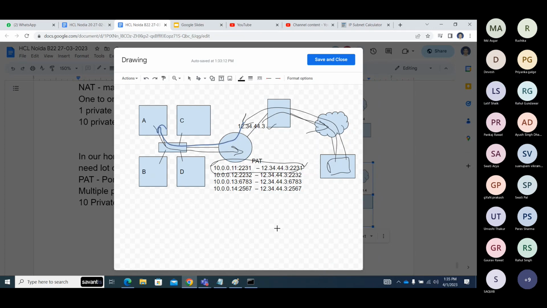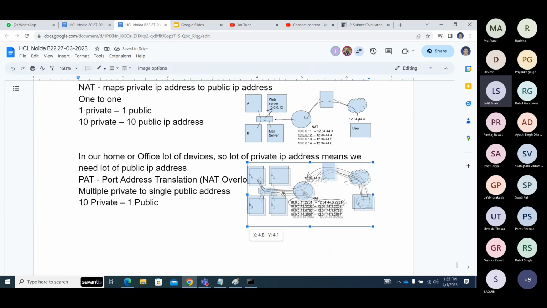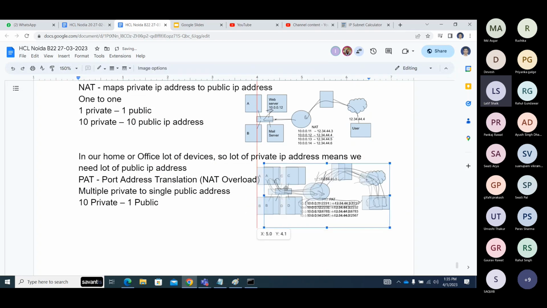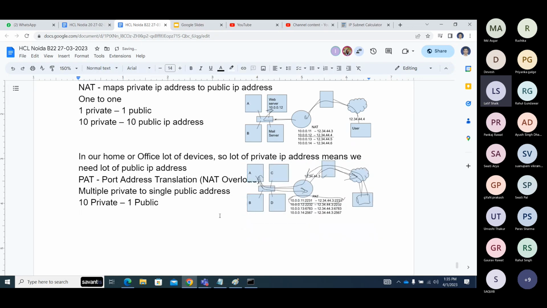Okay, it's a little apart, but understand NAT and PAT guys, and public and private IP addresses. What is NAT? Network address translation. PAT, port address translation. Both techniques are used to communicate from private to public, generally inside to outside communication only.